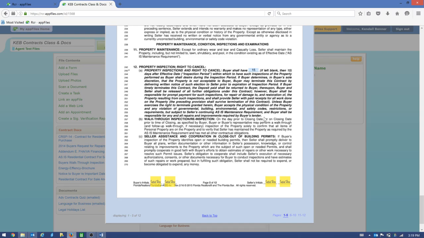When working with the buyer, my favorite line is, if buyer determines in buyer's sole discretion that the property is not acceptable, buyer can terminate the contract. I love that line. That's giving some power back to the buyer. However, this last line here, buyer shall, that's what we already determined on shall, that's an obligation, be responsible for any and all repairs and improvements required by the buyer's lender. So when might a buyer's lender require repairs or improvements?